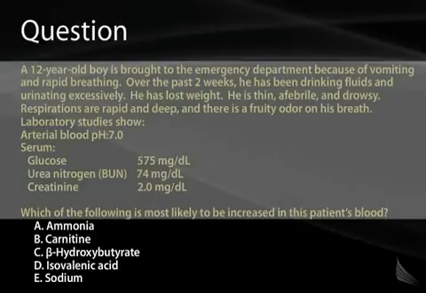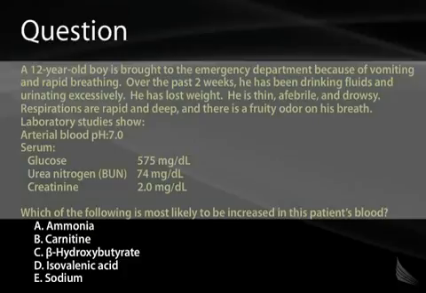So clearly, I think it's not that hard to make the diagnosis. He has DKA. All these signs and symptoms are indicative of that. And in fact, this fruity odor indicates that he probably has a lot of ketone bodies. In fact, that's likely acetone that's being produced. And his respirations are deep and rapid to try to blow off this excess acid, which is a clear compensation for his high anion gap metabolic acidosis.